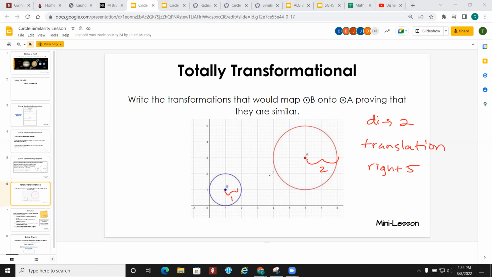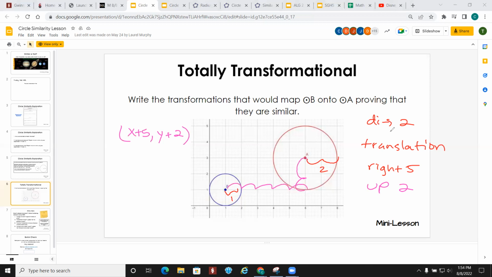Okay, so I'm hearing a combination of things. So really quick, I moved to the right 1, 2, 3, 4, 5, and I moved up 1, 2. Back in last semester, your teacher taught you this. They said if you were going to move it right, it's going to be x plus 5, and you're going to move up, it's going to be y plus 2.